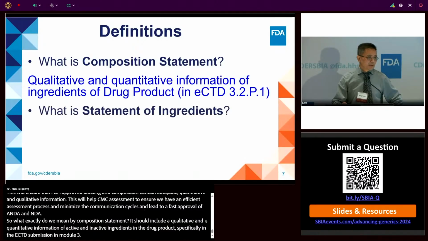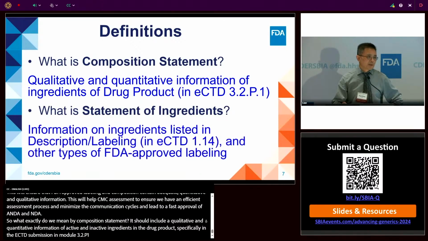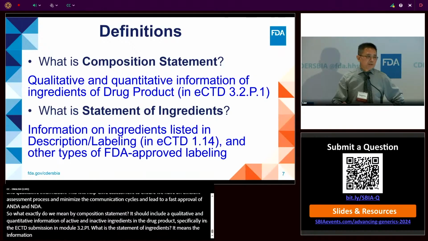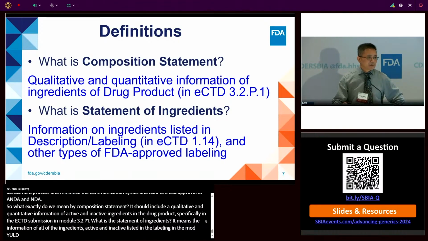And what is the statement of ingredients? It means the information of all the ingredients, active and inactive, listed in the labeling, which is in the eCTD module 1.4, and including other types of FDA-approved labeling, such as the carton container labeling, patient insert labeling.